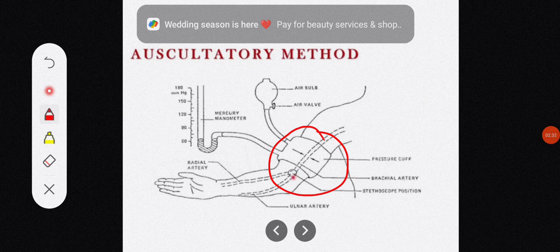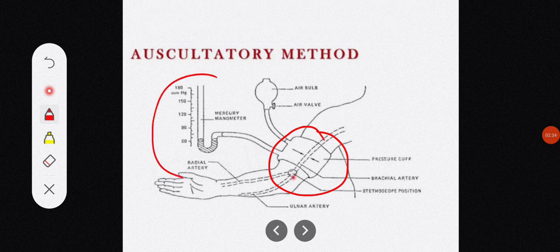And then it has a mercury manometer, which is used to measure the pressure in the cuff.